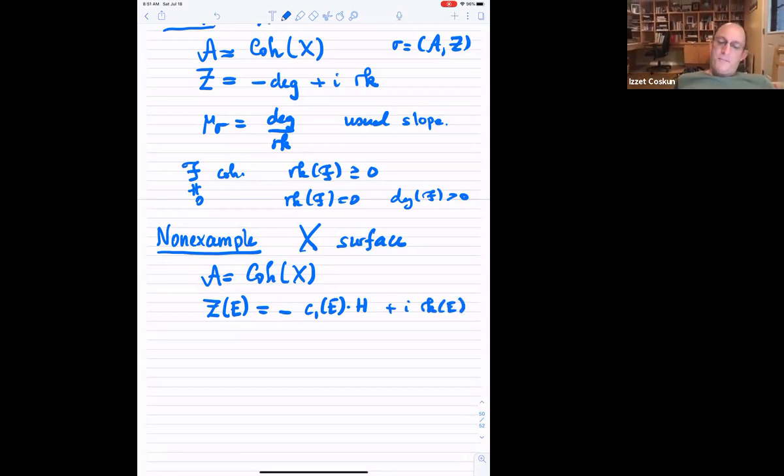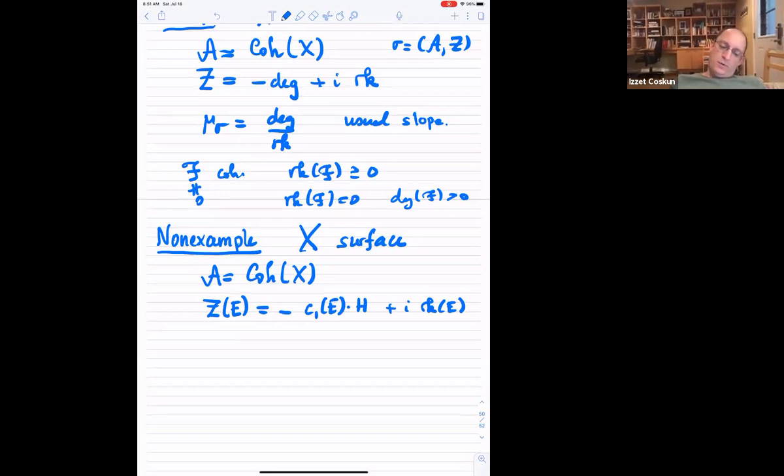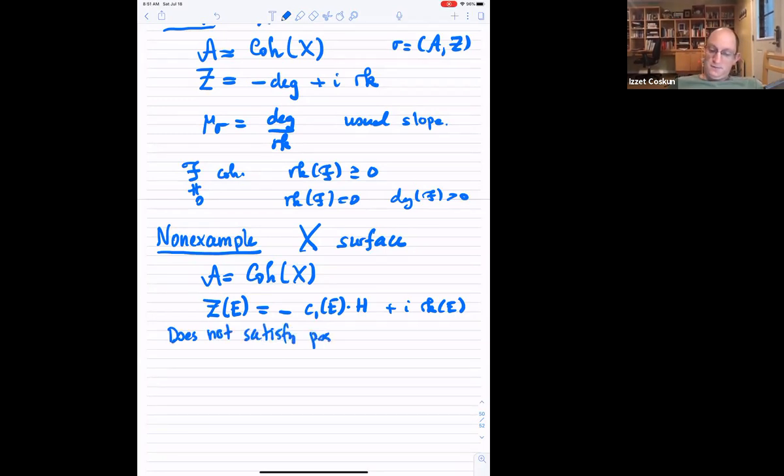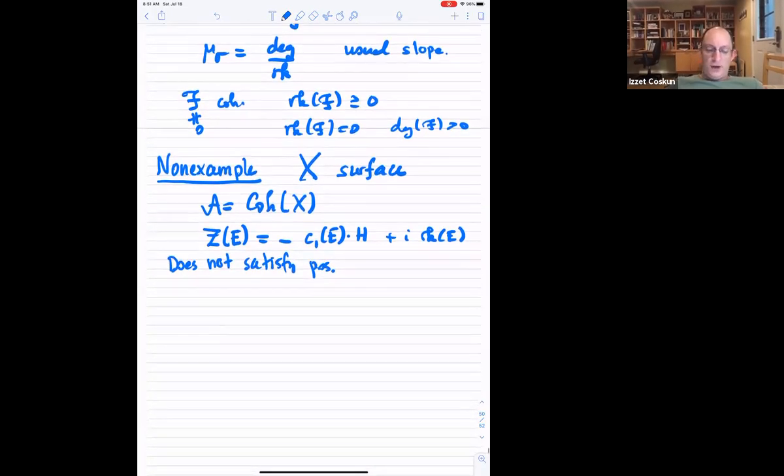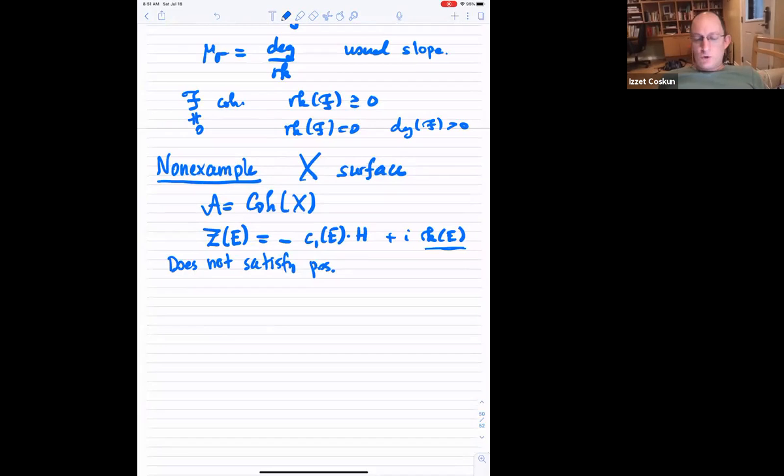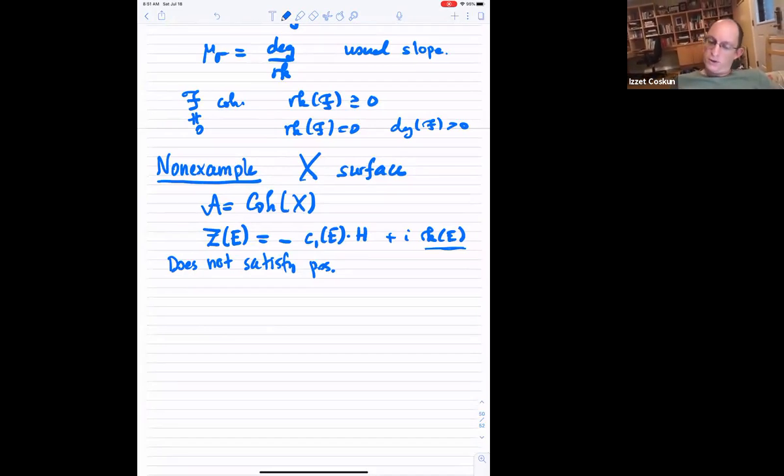All right. The point is that this is a non-example. Why is it a non-example? It's because it does not satisfy positivity. It is still good that if you have any coherent sheaf, then its rank is non-negative. But the problem is that if the rank is 0, if you have a torsion sheaf and the torsion sheaf is supported on a curve, of course this is a positive number. So then it's okay. I put a minus sign so that we land in the negative real axis.